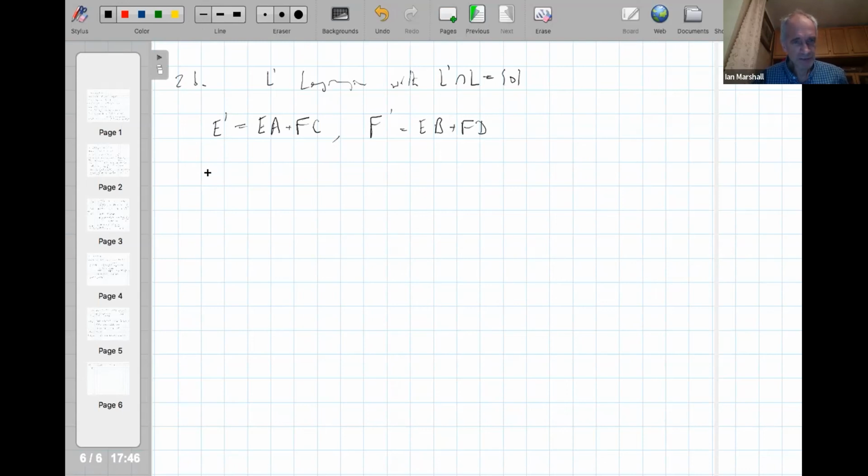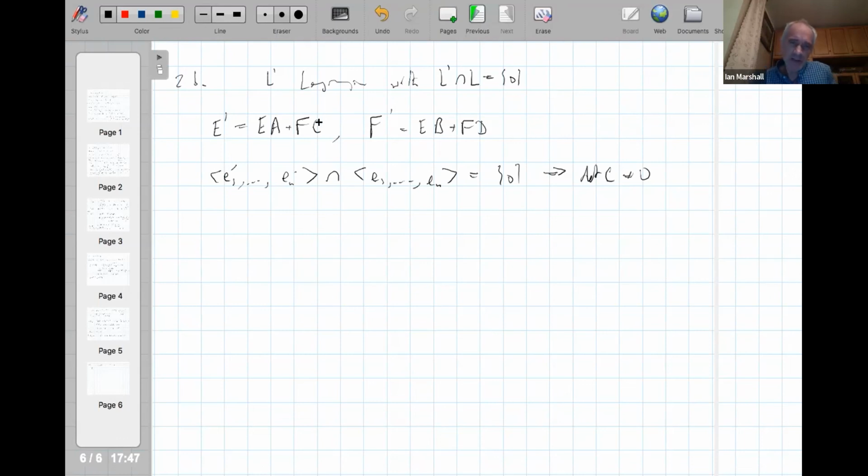But now I have that E1 prime up to En prime intersect with E1 up to En is equal to 0, because that's what we're told, right? So that requires that the determinant of this guy is not 0. So the determinant of C is not equal to 0.